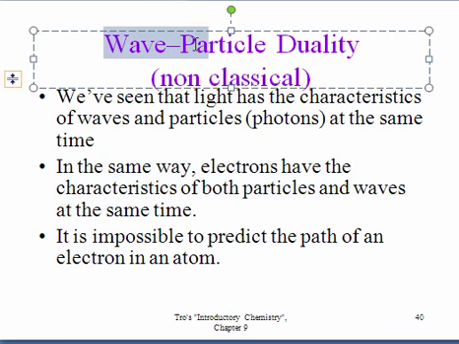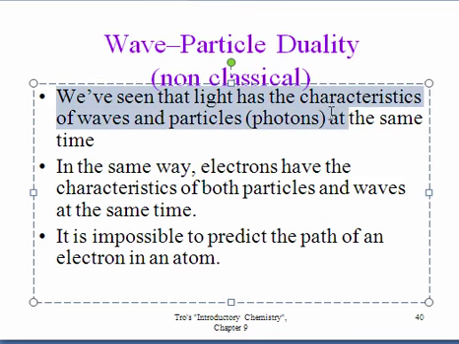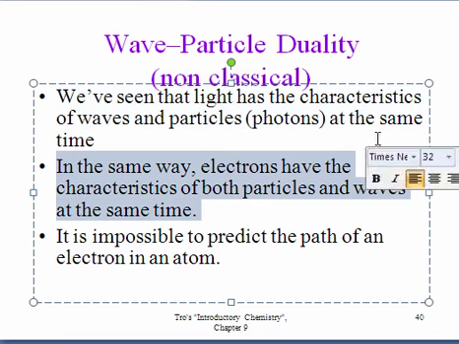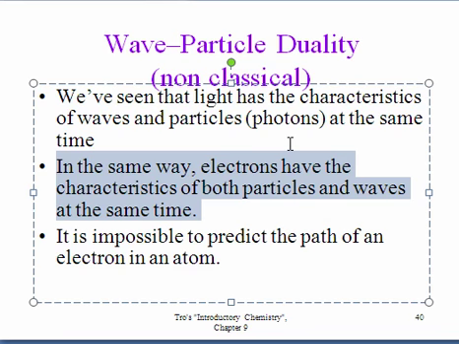So electrons, like electromagnetic radiation, have characteristics of both matter and waves. This is what's known as wave-particle duality, and this is considered non-classical, because in the classical sense of understanding energy and matter, they are very, very different. But here we see that light has characteristics of waves and of matter, and electrons have characteristics of waves and matter. So both of these have characteristics that are not so clear-cut from one another.